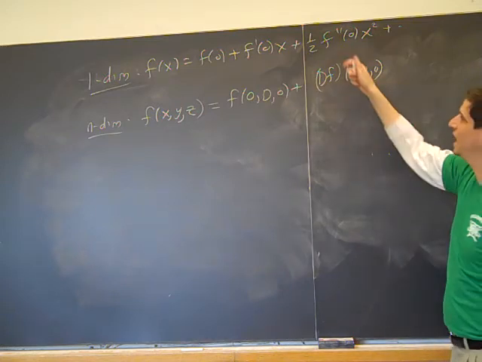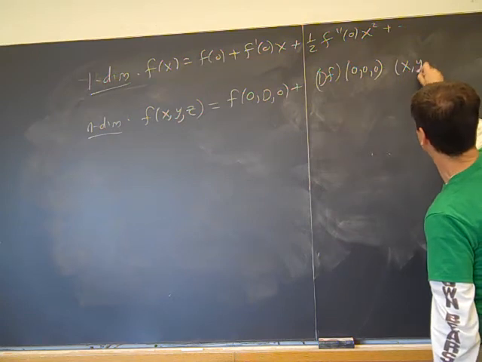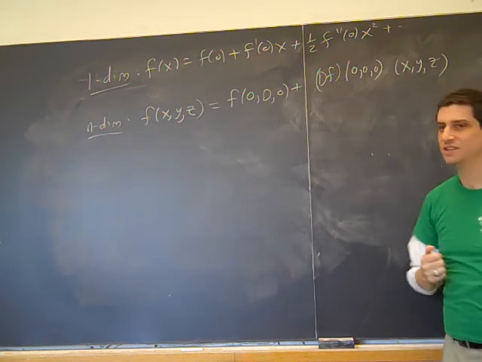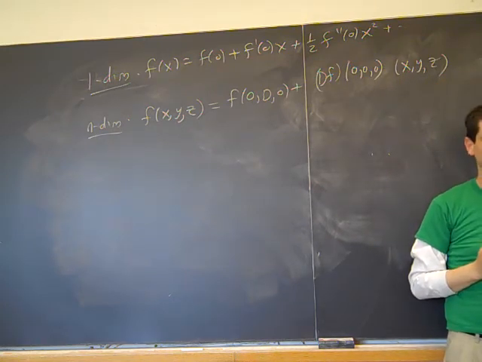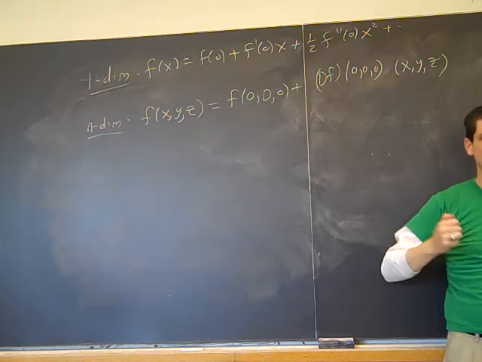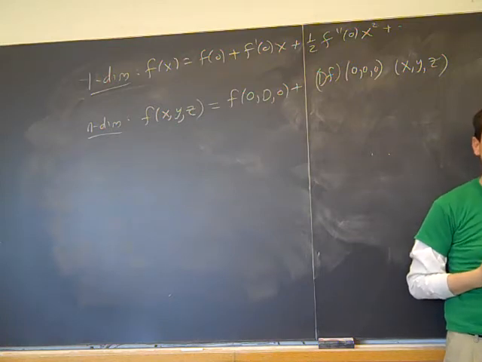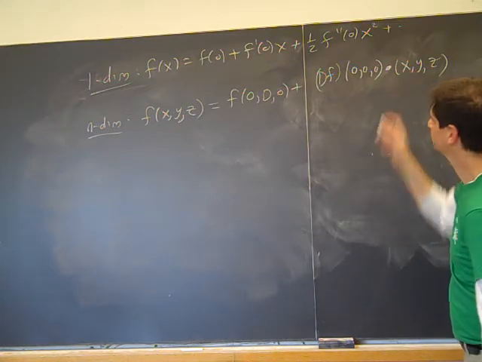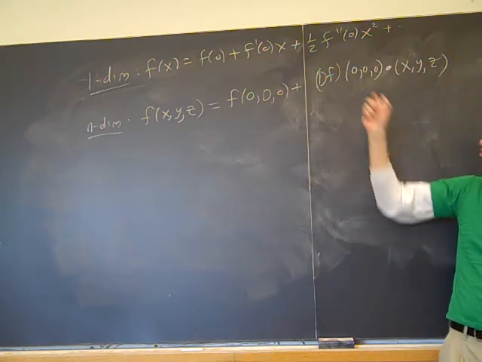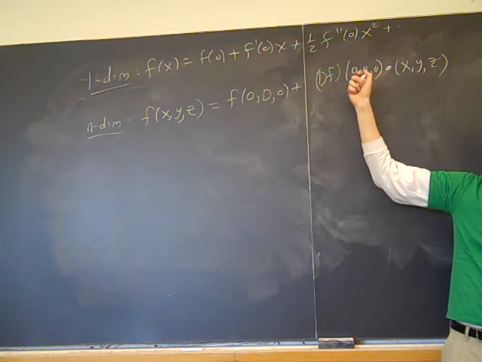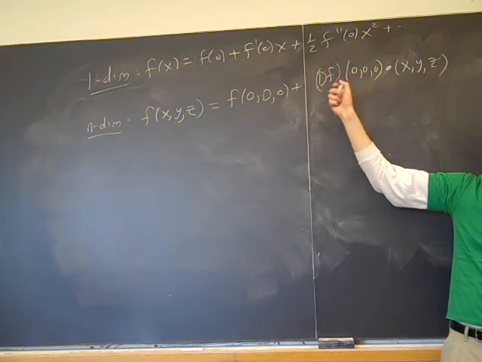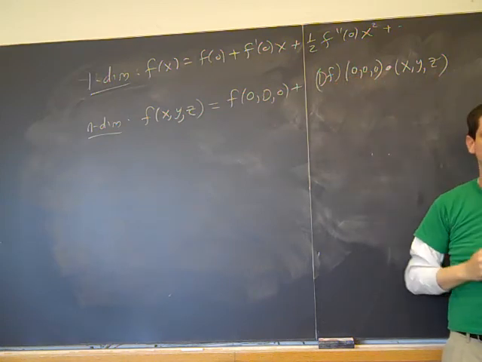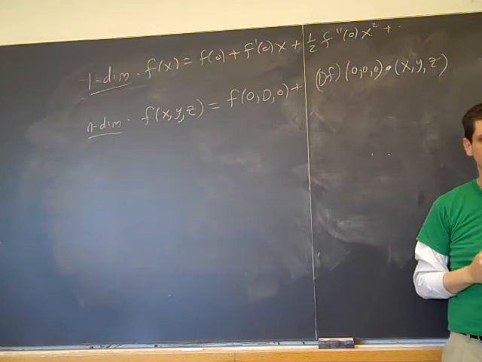So I should be replacing x now with x, y, z. I can't just multiply 2 vectors, can I? I need to get numbers. How can I get a number from 2 vectors? Dot product. So if I evaluate the gradient at 0, 0, 0, I get a vector. I can dot that vector with x, y, z, with how much I've moved.